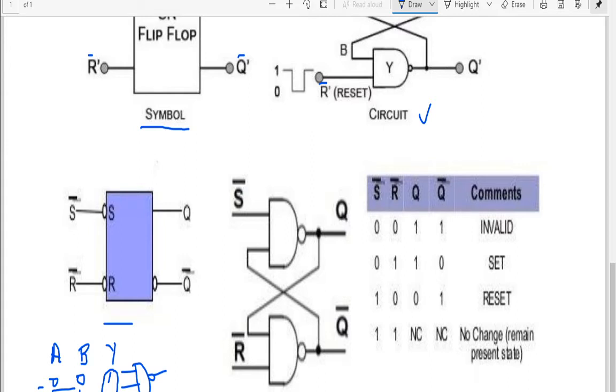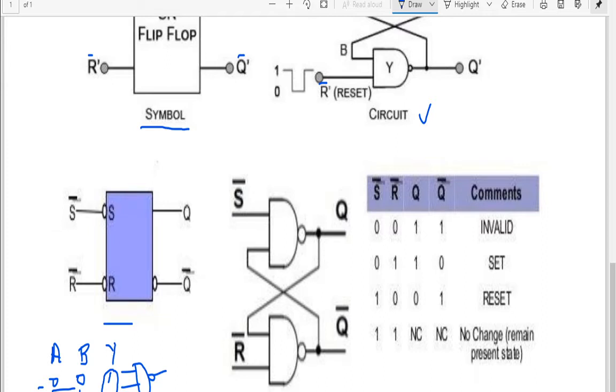So if you have one input as 0, then the output of the NAND gate is going to be high. Now, keeping this in mind, let us understand the working of the SR latch.